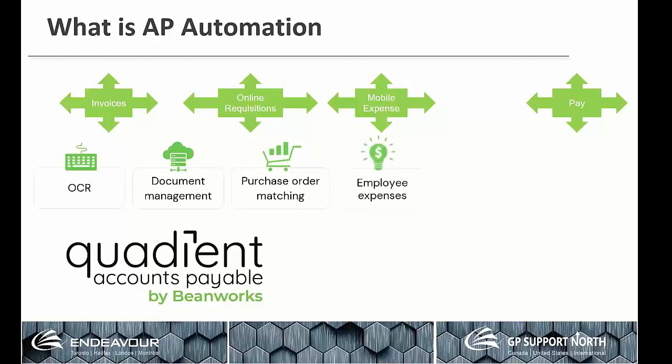Purchase order matching, as I mentioned, all the expenses and expense receipts, and all the approvals workflow that works for I want an invoice approved. I want a purchase order approved. I want employee expense statement approved. You have that common interface for your user community where, again, they can be accessing it on phones, on all their various devices.